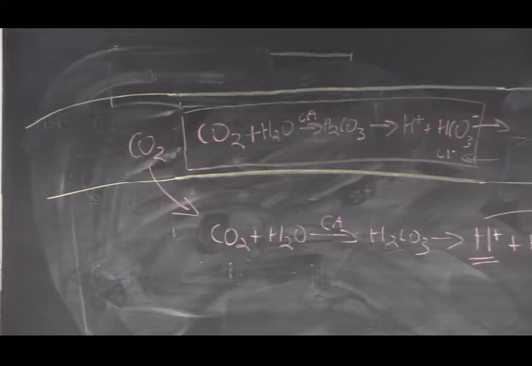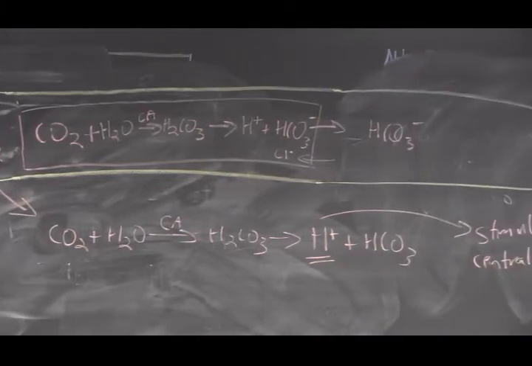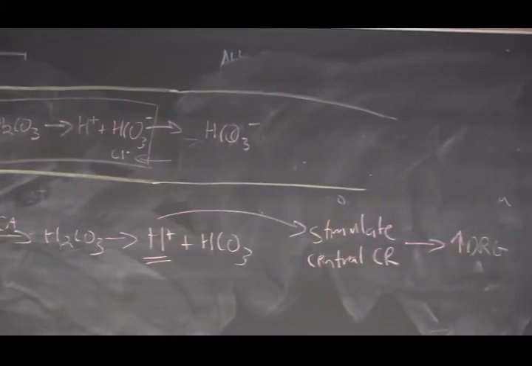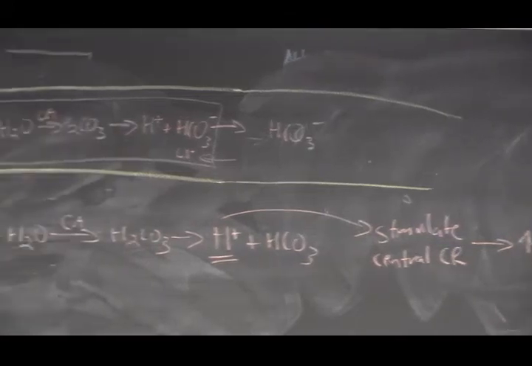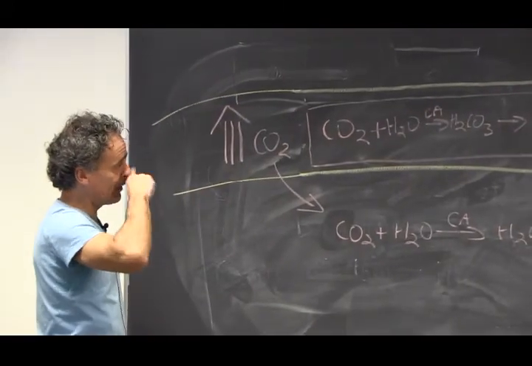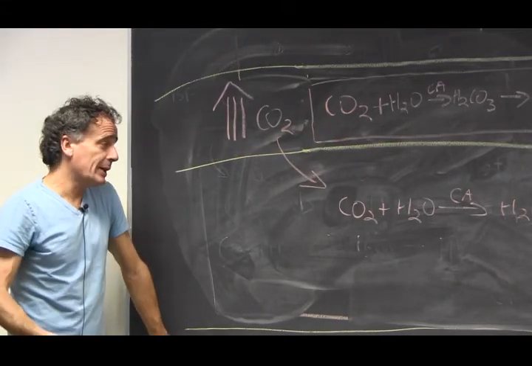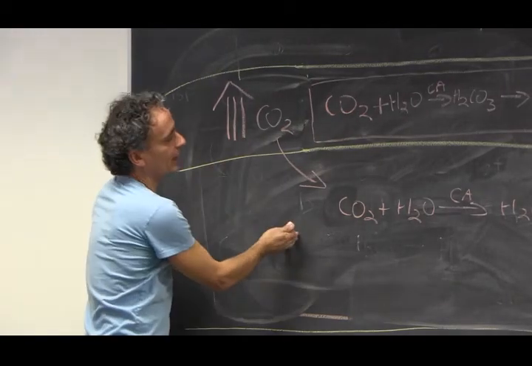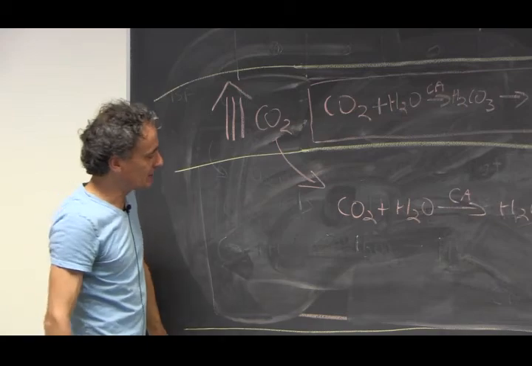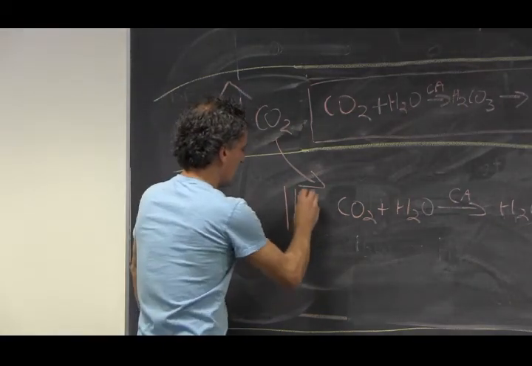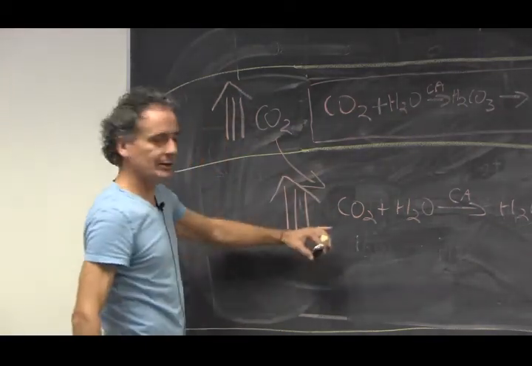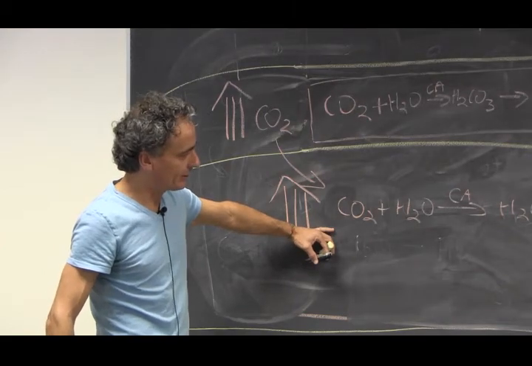Now, in COPD, we have a totally different scenario going on here. With COPD, you have a dramatic elevation in the CO2. So you may say, well, if there's a dramatic elevation in the CO2 levels in plasma, there's going to be a massive increase in the CO2 levels in the brain extracellular fluid.